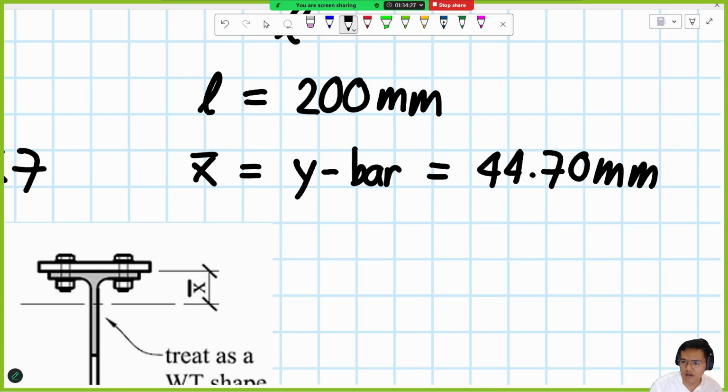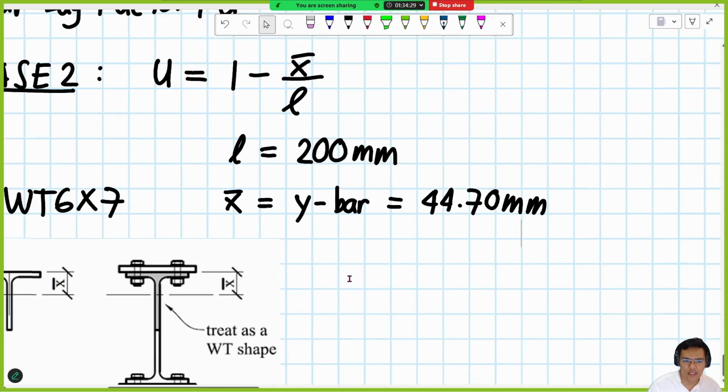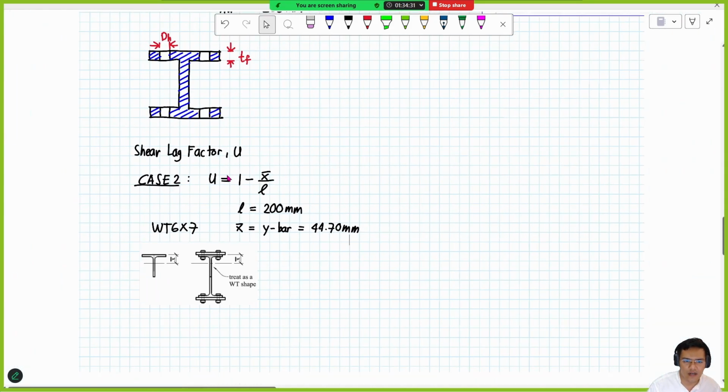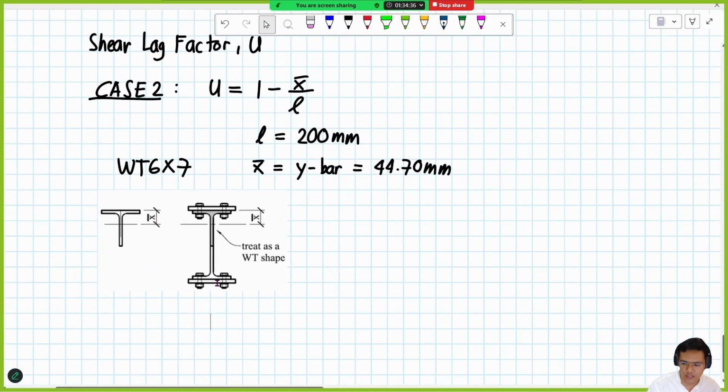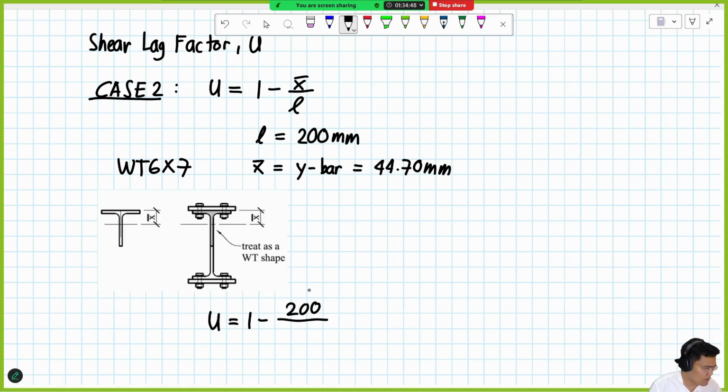Millimeter. Okay, now you already have the parameters. We could now plug in on our equation. So for case 2, U is equal to 1 minus x bar over L. Baliktad pala.